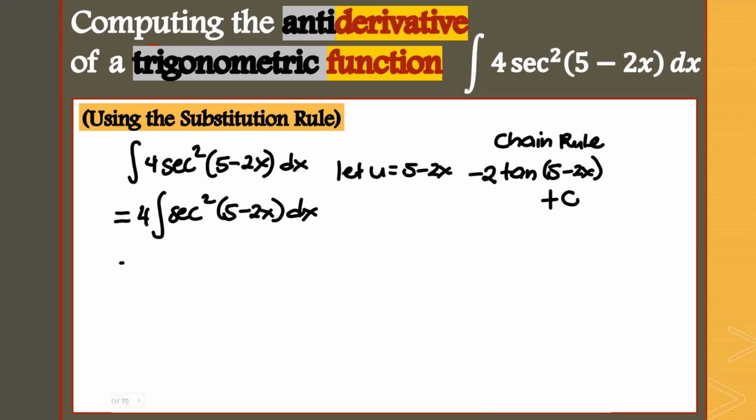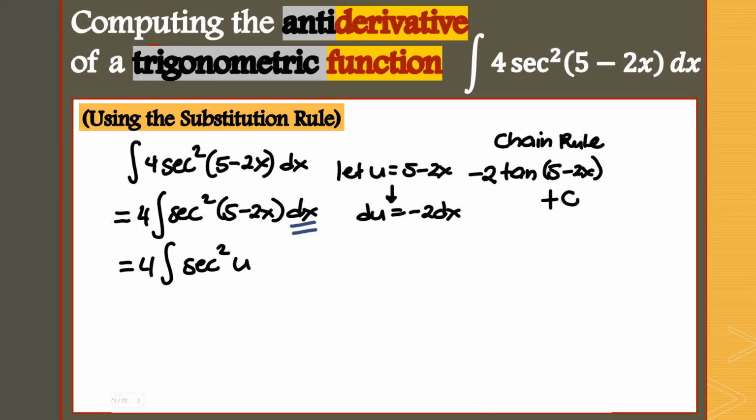That would mean we have here 4 times the integral of the square of secant u, and then dx would be represented with du. We can do that by deriving both sides of this equation. U becomes du is equal to 5 becomes 0, its derivative, minus 2x becomes minus 2 dx.